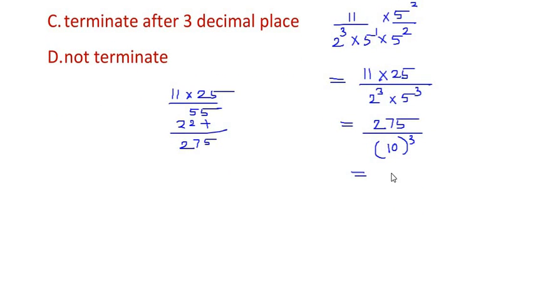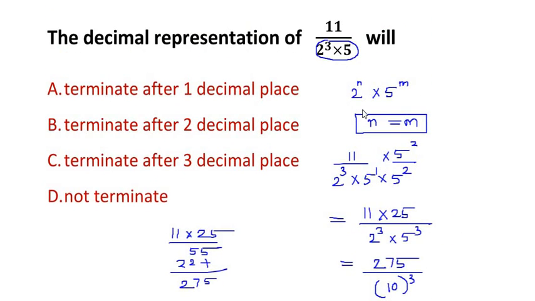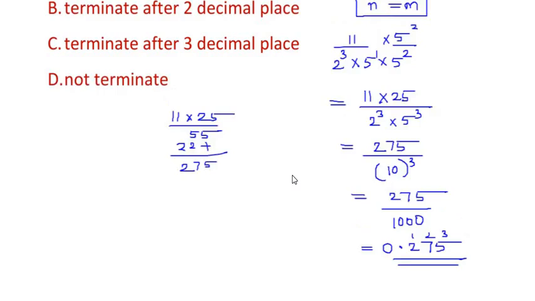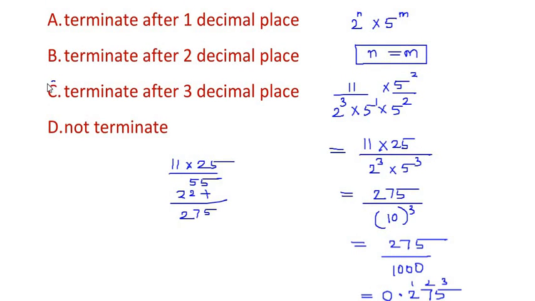So basically it becomes 275 over 1000, which is nothing but 0.275. As we can see, the given number terminates after 3 decimal places, 1, 2 and 3. Hence the answer is that it terminates after 3 decimal places.